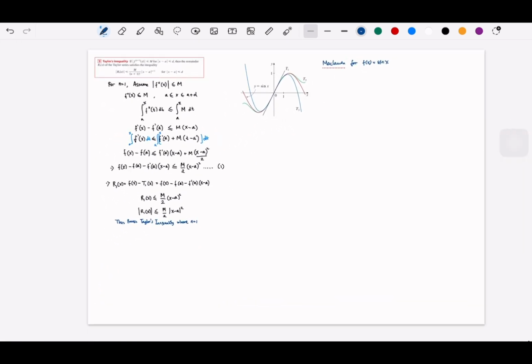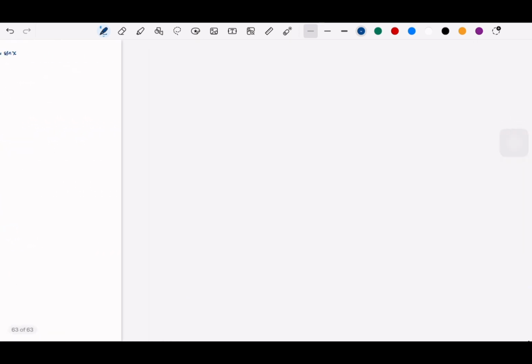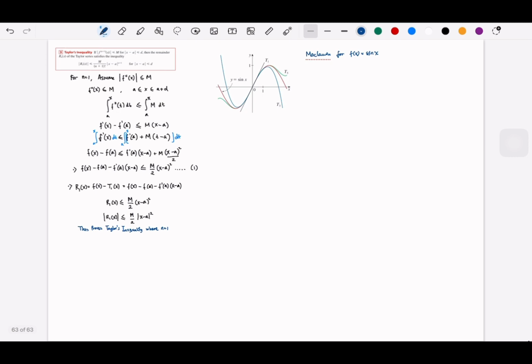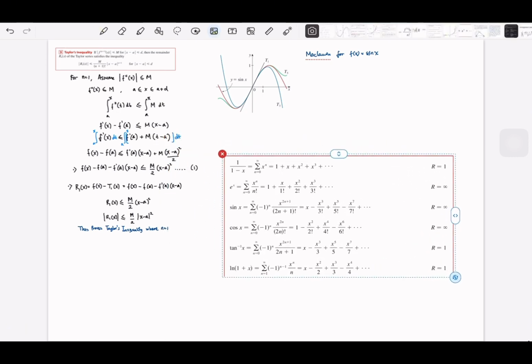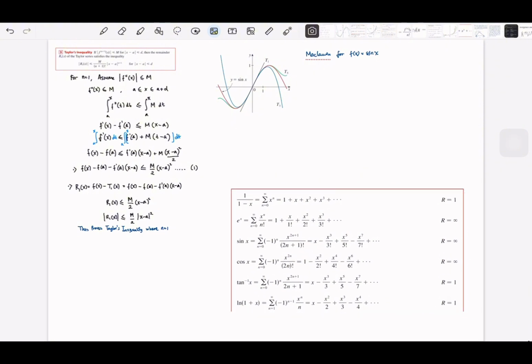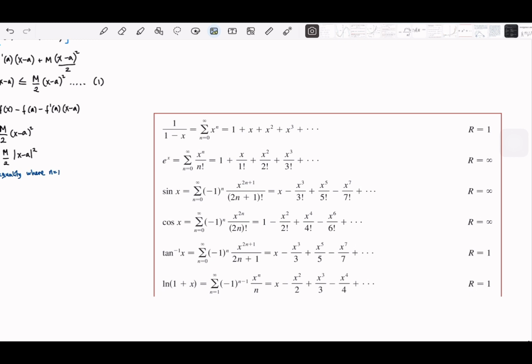And then lastly, this is at least some basic functions that will be included in our subtopics. So we have 1 over 1 minus x, which we already discussed previously, e to the x, sine, cosine, tangent inverse, and ln. I will try my best to get into all these components and how to get them. Basically the same thing.